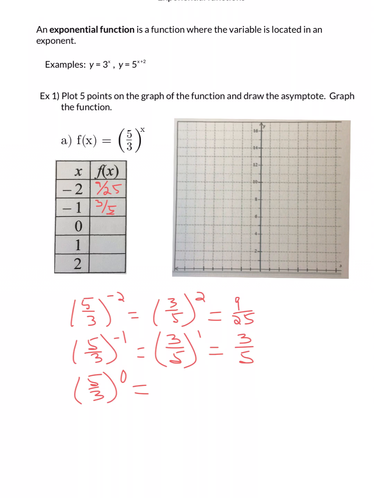What you need to remember is anything being raised to a 0 power always equals 1. First power, 5/3 to the first is just going to be 5/3. 5/3 squared, square the top, square the bottom, you'll get 25/9.